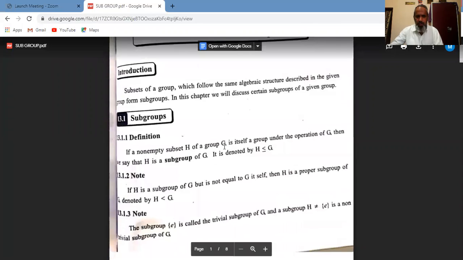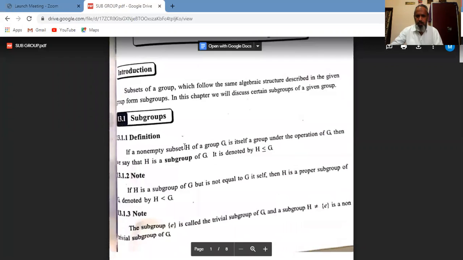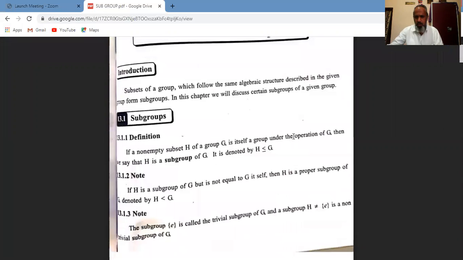A non-empty set H of a group G is itself a group under the operation of G. The same operation will be in the subgroup H. If G is a group with respect to addition as a binary operation, then H must be a subgroup with respect to the same binary operation. Then we say that H is a subgroup of G. It is denoted by H less than or equal to G.